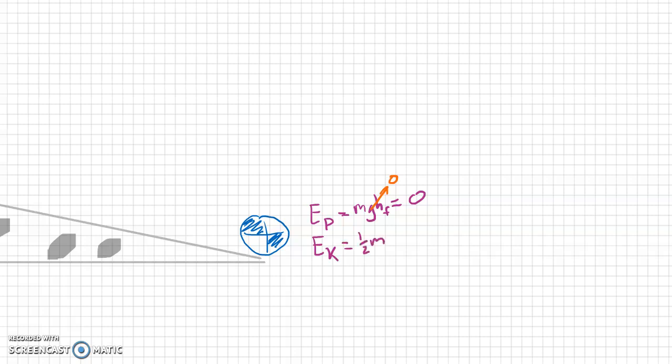Here, 1/2 mv squared, and this is our final velocity, and certainly at this point it's going to have some velocity. In fact, I think this is what we're trying to find in this problem. So this is a non-zero number, and therefore the kinetic energy is non-zero as well. So total energy at the end is due to just the kinetic energy.